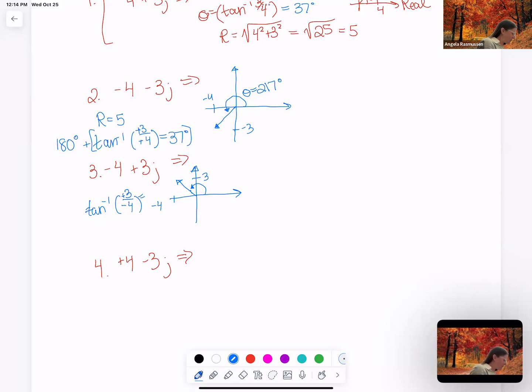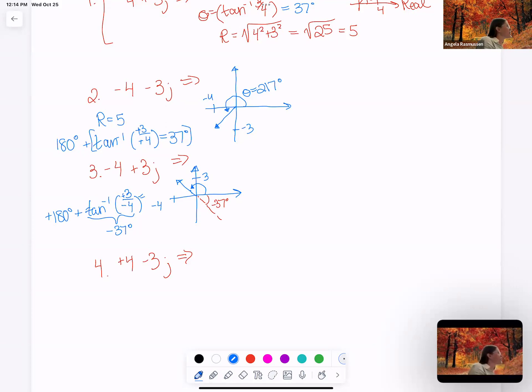So that gives -37 degrees, which is saying it's here, right? But that's not where it is. So if you add 180 and subtract off the negative 37, then that would give you the correct one.